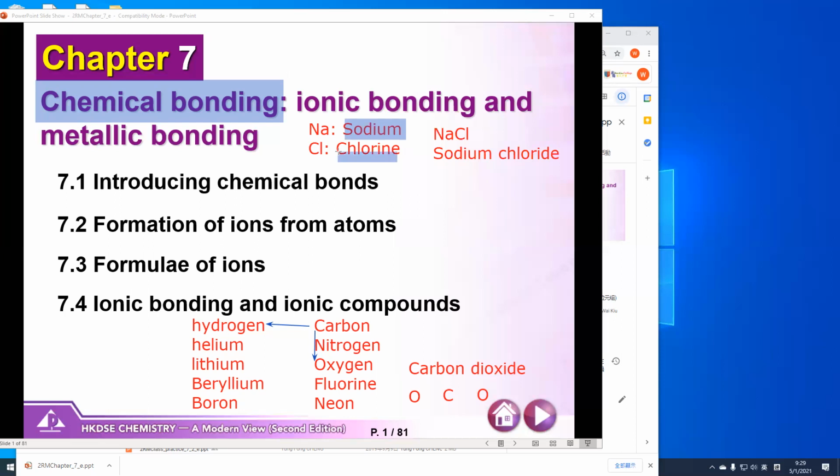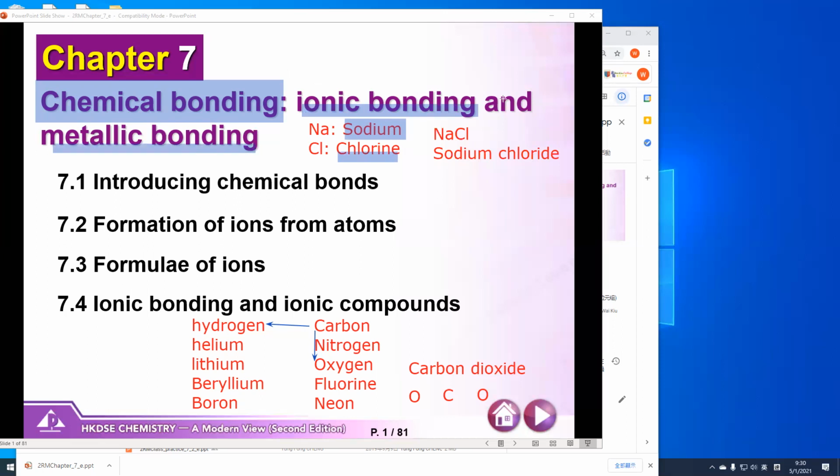How do you stick them together? We need ionic bonding. Okay, for metallic bonding you can find in whatever metal there's metallic bonding. We'll first teach you about ionic bonding first.